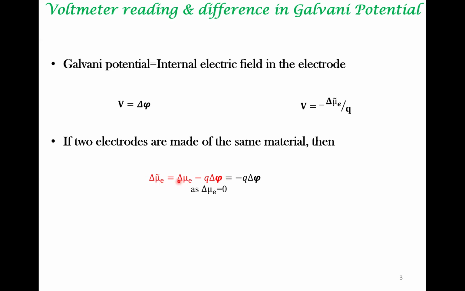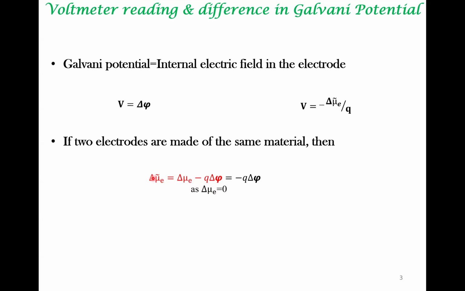It is split up into two terms. This indicates the internal electric field. If the two electrodes are made up of the same material, this term is 0 because the two leads are made up of the same material.